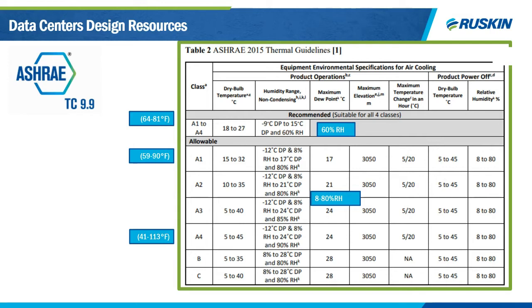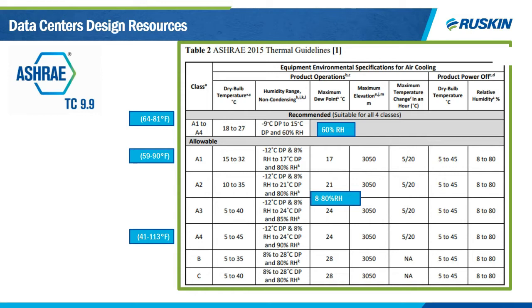Now these are classified based on the environment, on the allowed and recommended operating temperature and also humidity. Most of the current data center equipment falls into class A1 and A2. There is a growing number of server manufacturers introducing equipment suited for class A3 and A4.